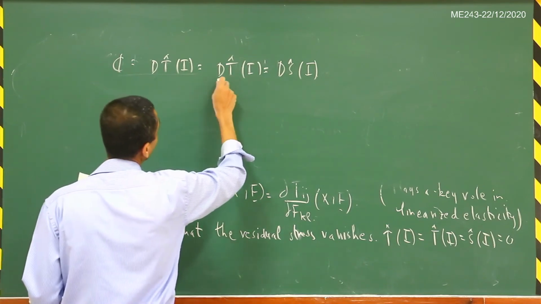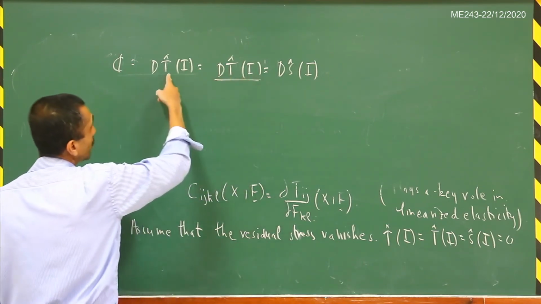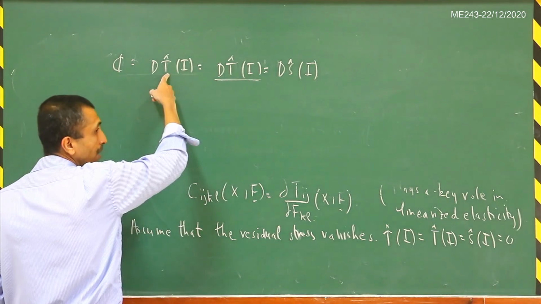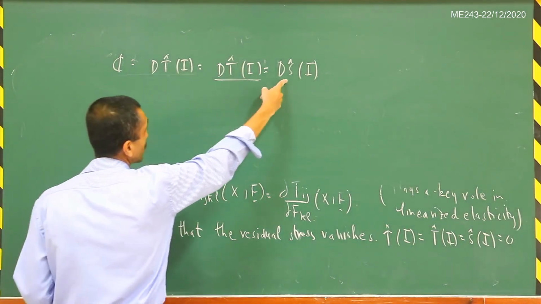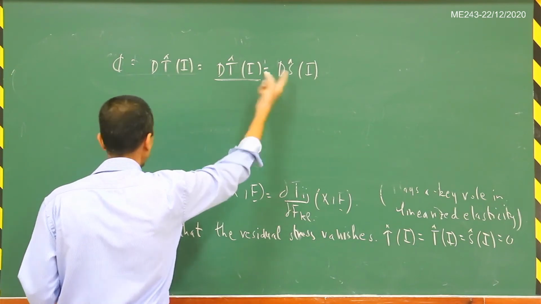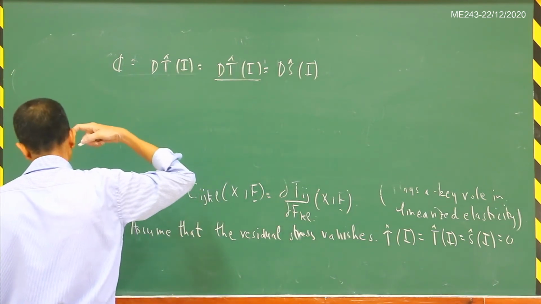So basically, by definition, this is true, but we also now show that it is the pressure derivative of the Cauchy stress also, and the pressure derivative of the second stress also, evaluated at F equal to identity.